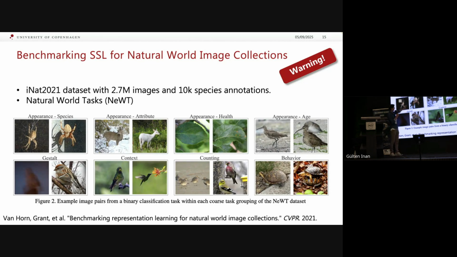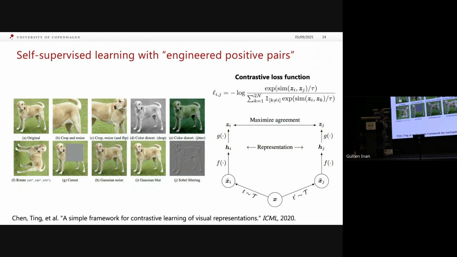I would still call these examples object-centric, but very often the bird of interest is just very small in the image, and there's so much background and scene in the image. So a random crop, like it's proposed here, for instance cropping into the image, cropping away the surrounding, could actually crop away the object of interest. And then this is not really a positive pair anymore.